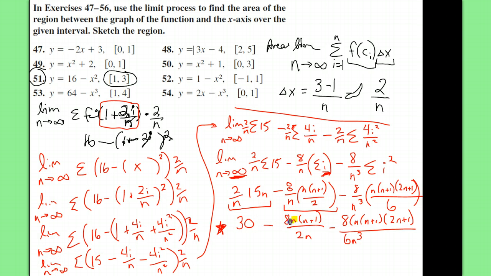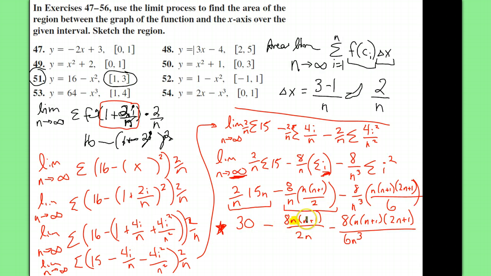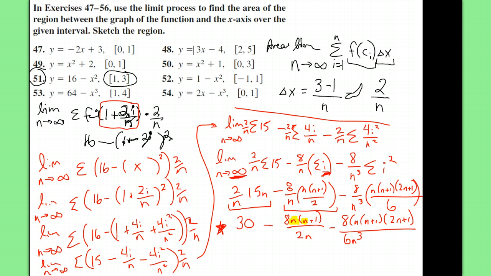And if you look, the top has n, sorry, let's go back. Guys, I just noticed a mistake. This should have been an n squared. This should have been an n squared. So I have an n squared here.